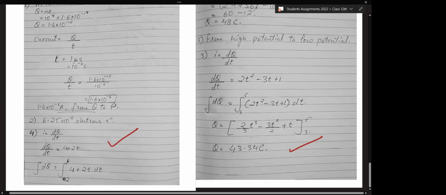Okay. See, Hamza, whenever you do these calculations in your subjective papers, show your calculations till the end step, the way you have got this answer. When you put the values of the upper limit and lower limit, show till that step. Otherwise, the rest of it was correct.